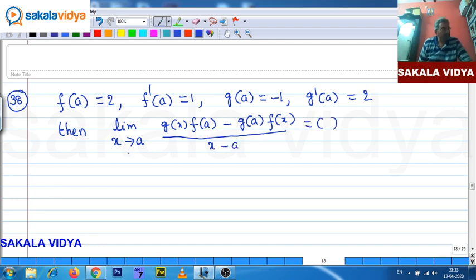First option 1 by 5, second option is 5, third option is minus 1 by 5, fourth option minus 5.